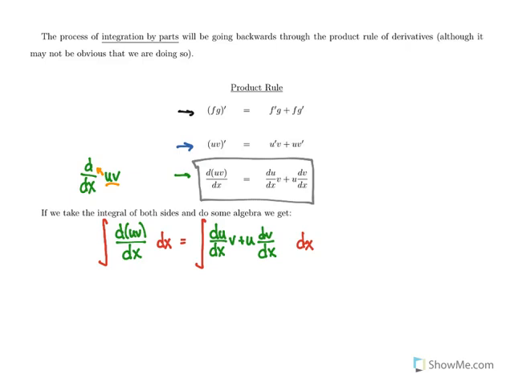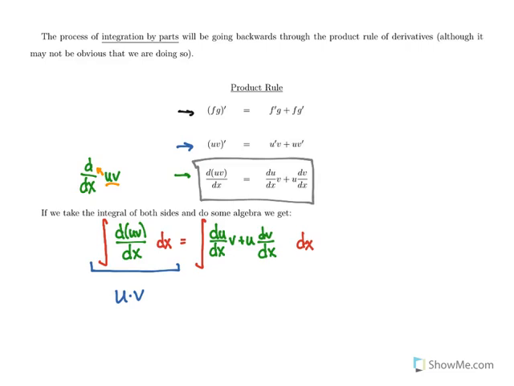The first thing that we need to look at is that when I take the integral of the derivative, those things are going to cancel out. The integral allows us to take the antiderivative, and if we take the antiderivative of the derivative, those are inverse operations, and they're just going to cancel out, and we're going to be left with just u times v.